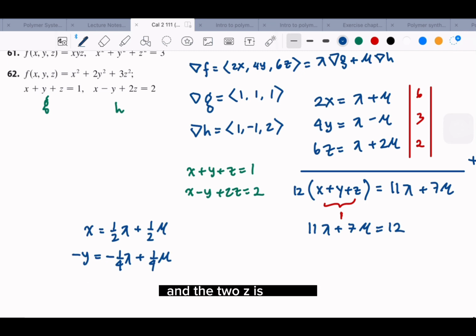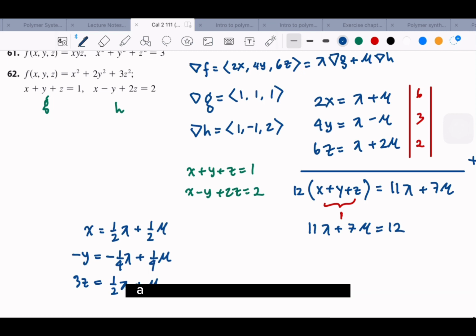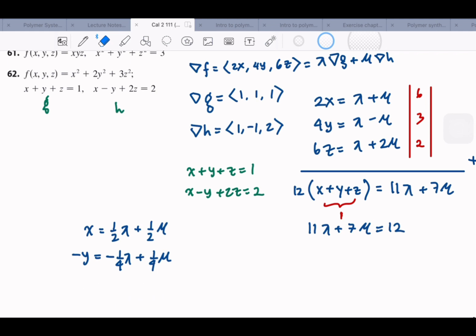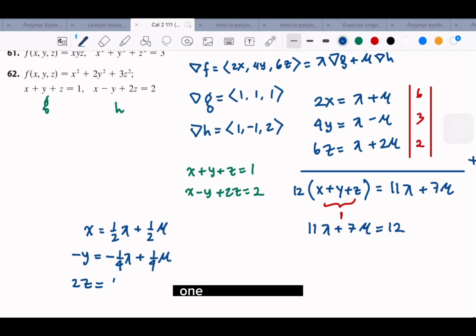And then 2z, oh, 3 should be 2, wrong. So 2z is 1 over 3 lambda plus 2 over 3 mu.